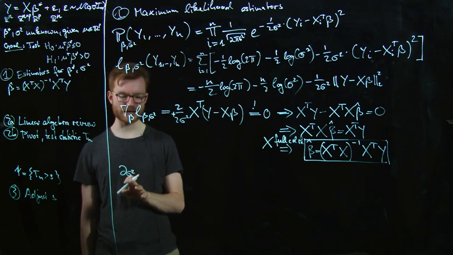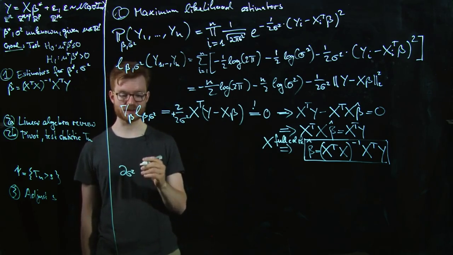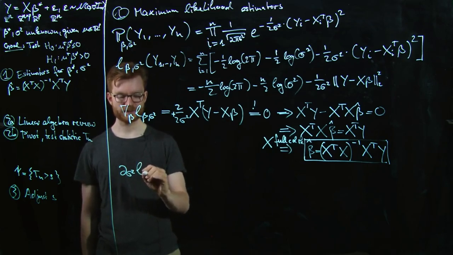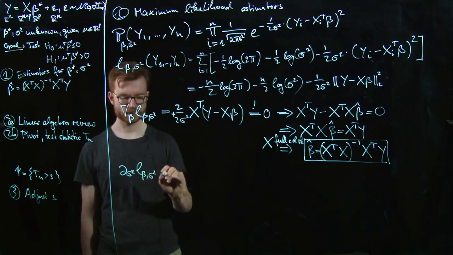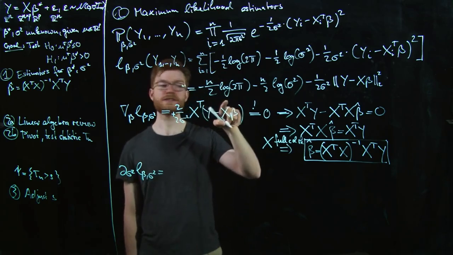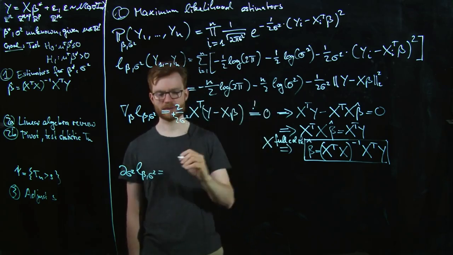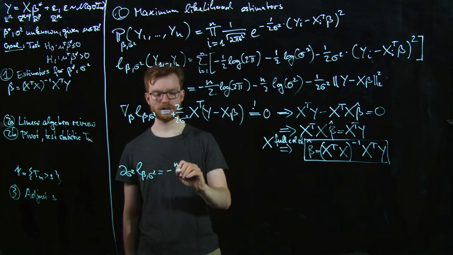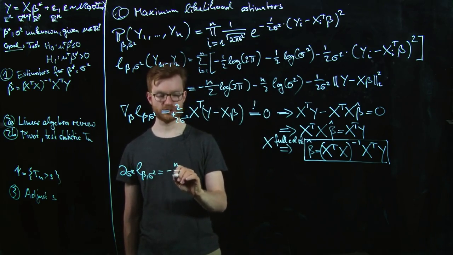So taking the derivative again, I'm treating sigma squared as the variable, not sigma itself. So what happens here, this term doesn't depend on any of the parameters, so it goes away. This term is minus n over 2.